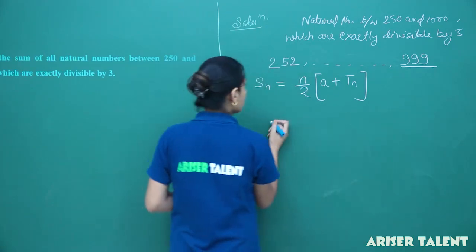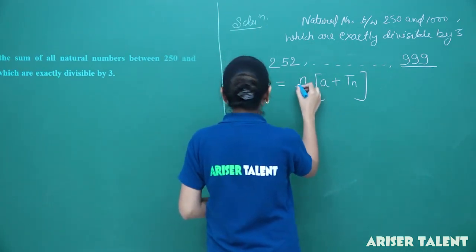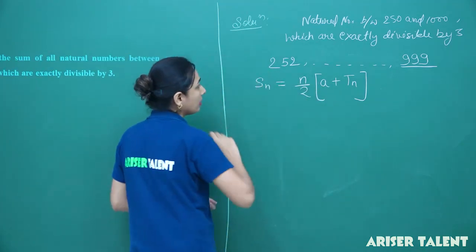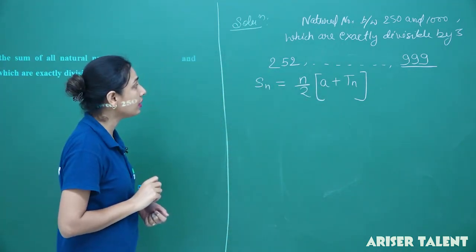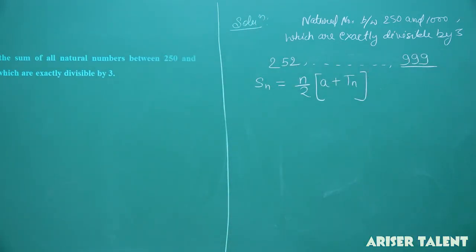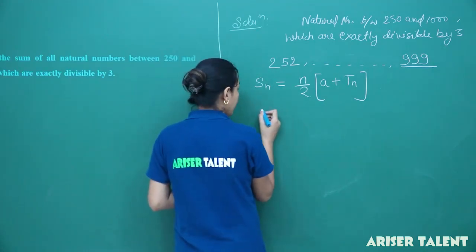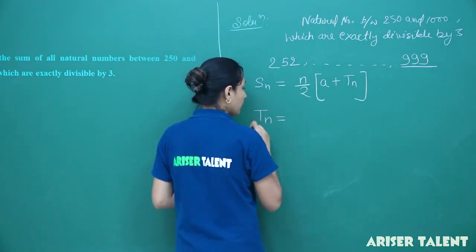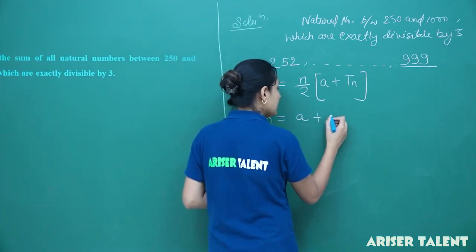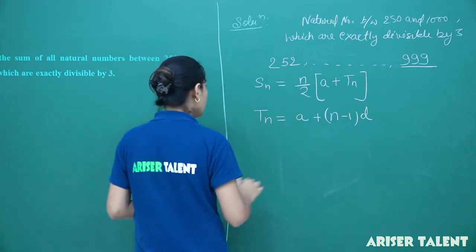Now what you have to find is n and Sn. Now how will you find n? Okay students, first you have to find the value of n. So Tn's value is a plus n minus 1 times d.